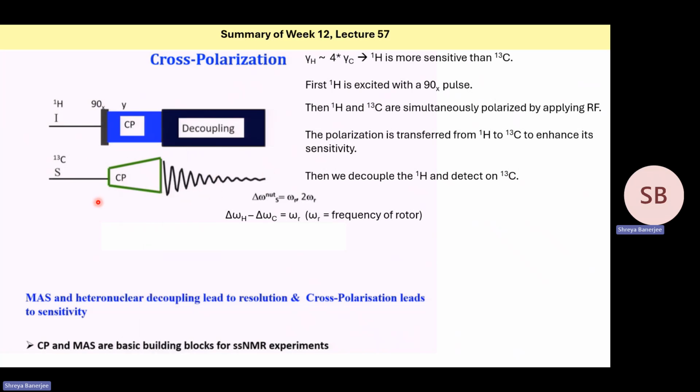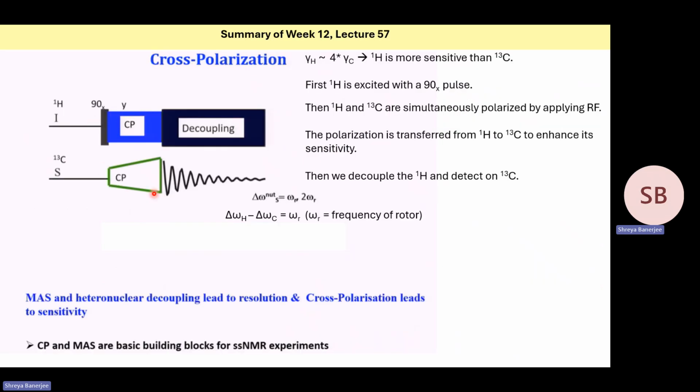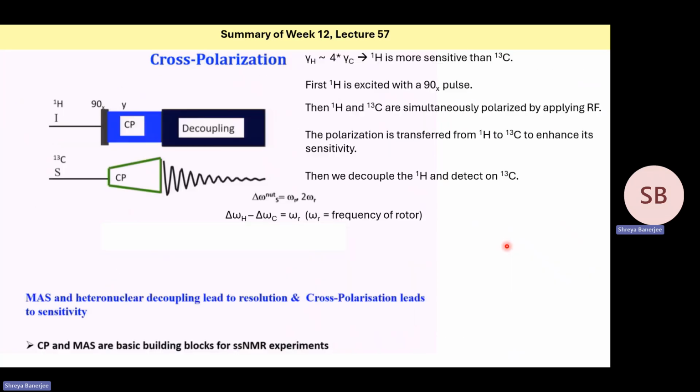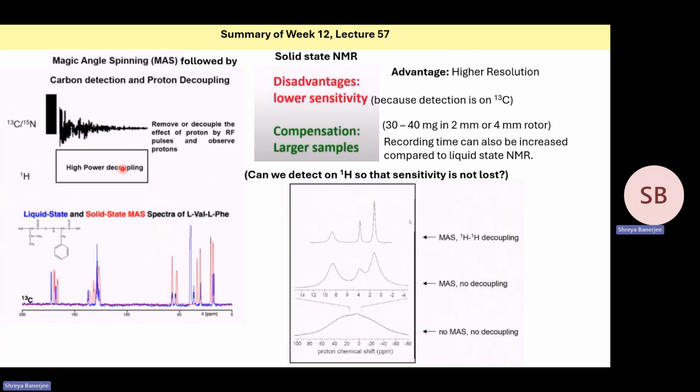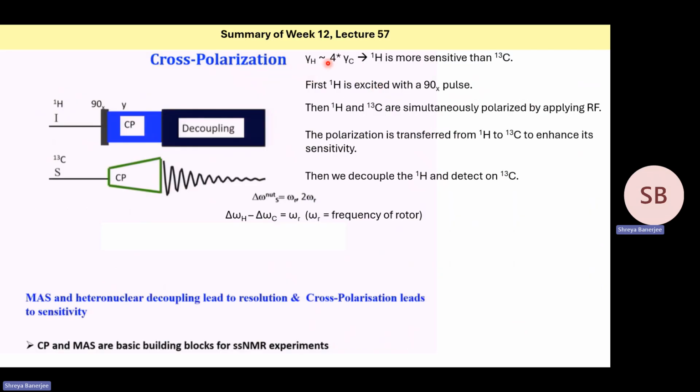This earlier picture was the same thing, but you don't have this cross polarization section. So basically you can imagine that in the earlier pulse sequence, an additional cross polarization section is introduced. So why is this introduced? When we are detecting on 13C, we have to remember that the gyromagnetic ratio of carbon is 1/4 of that of hydrogen. So hydrogen is a much more sensitive nucleus than carbon.